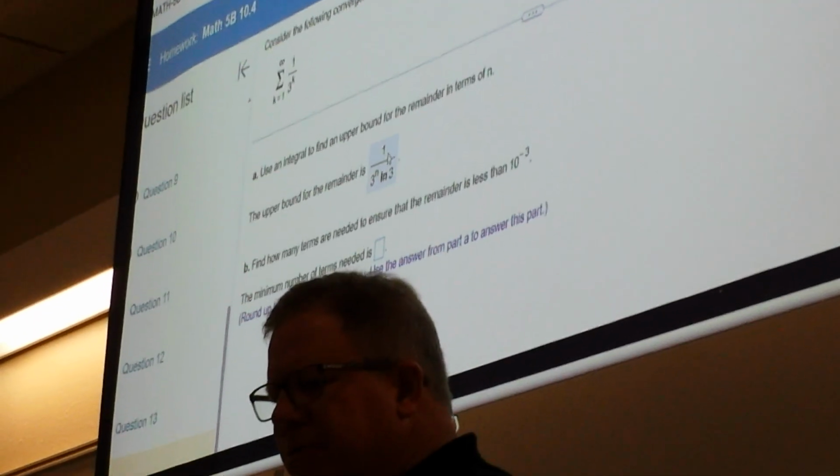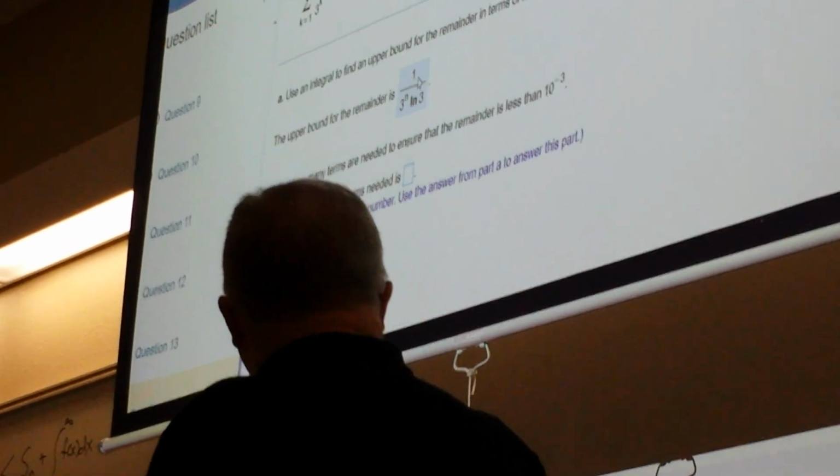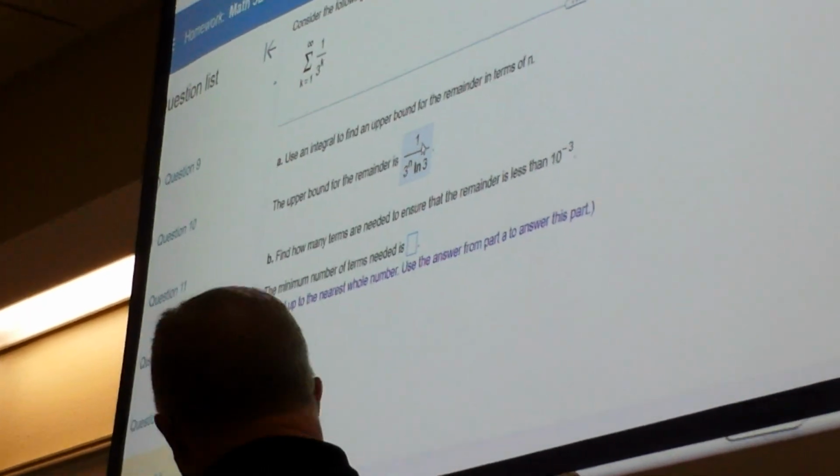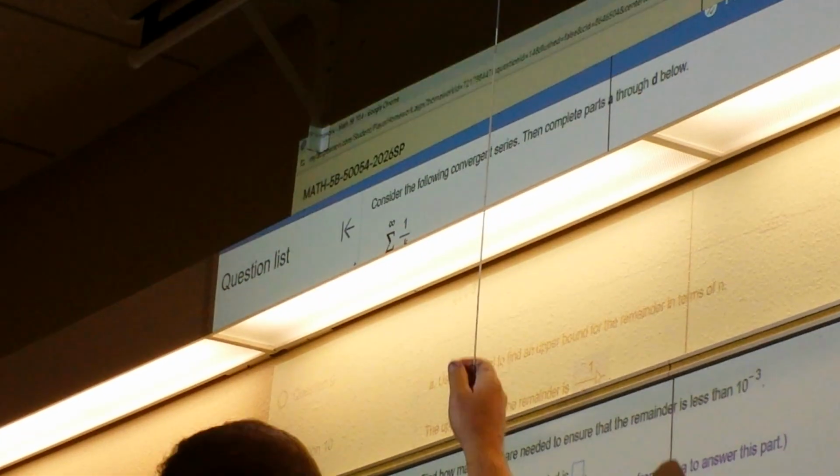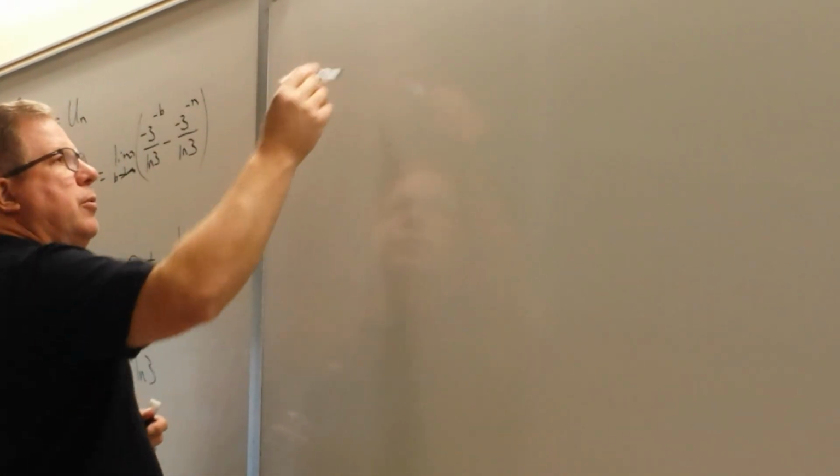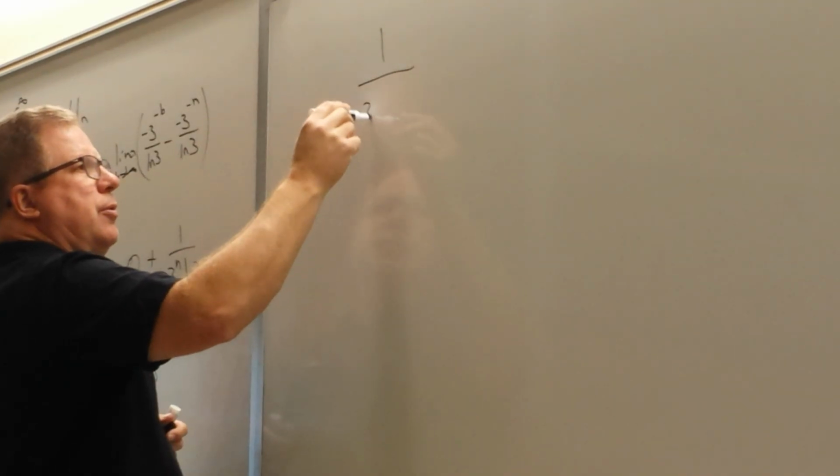We want the remainder to be less than 10 to the negative third, so set that less than, and then solve for n.